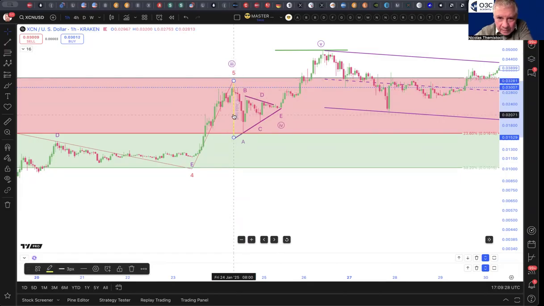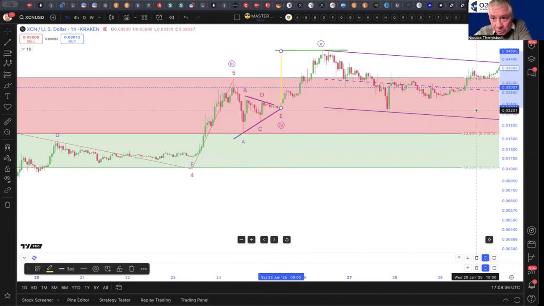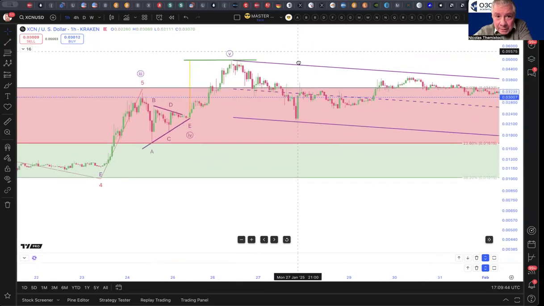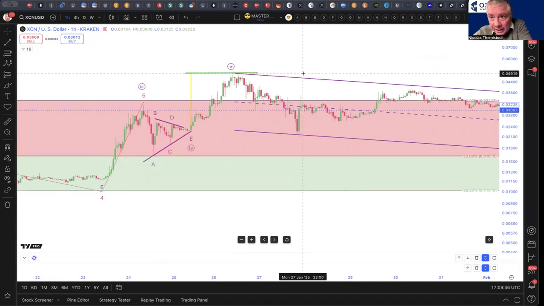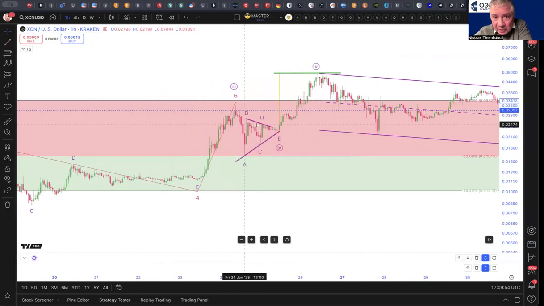Then I plonk that here on the end of the triangle where I've got E. It was trading at that time at 0.02281, and I said the high is going to be at that level, around 4.9 something or other. It didn't look plausible at the time because we were down here and it didn't look like it was going anywhere.